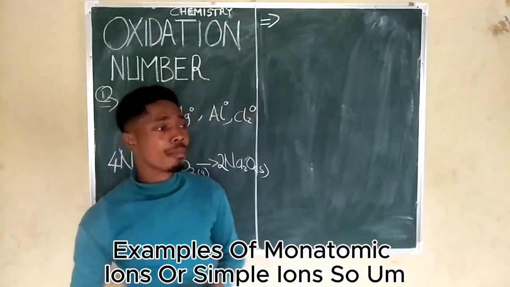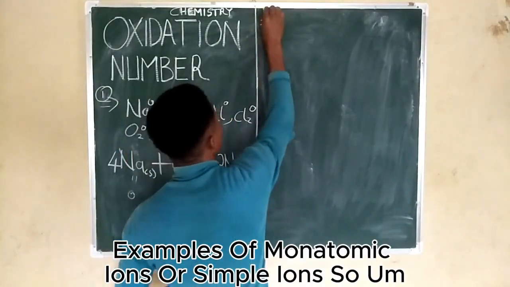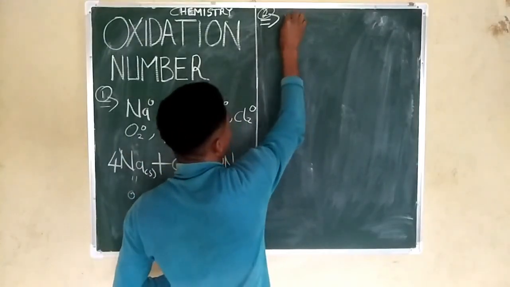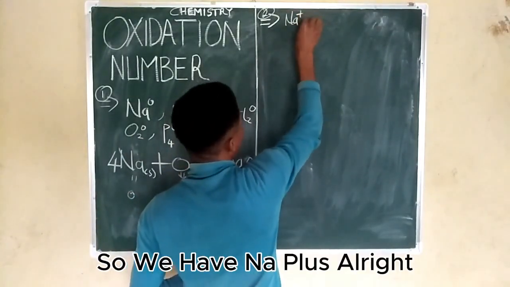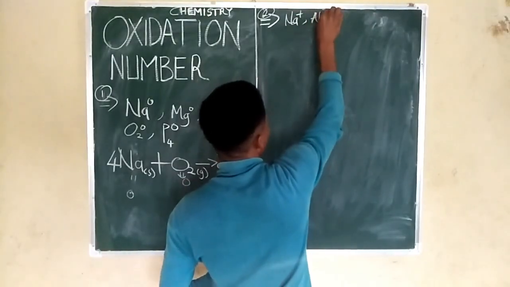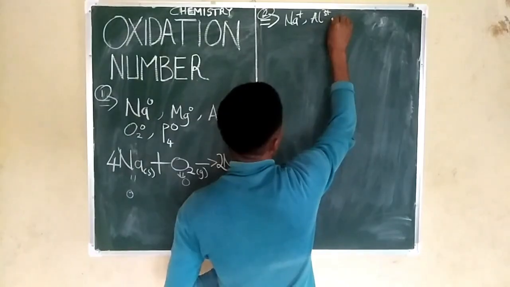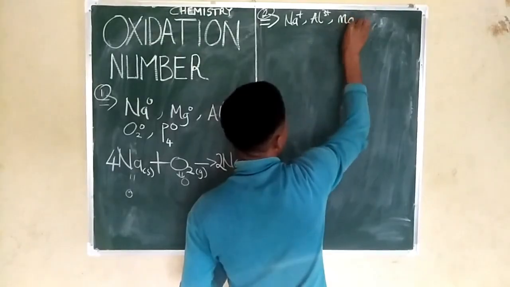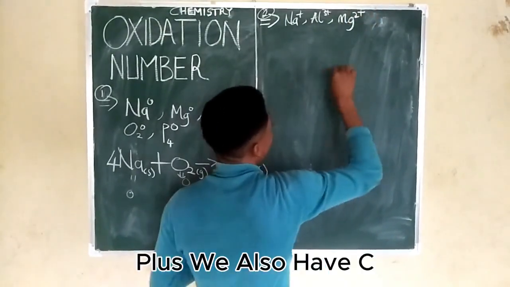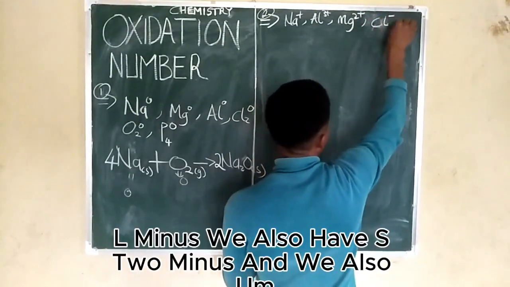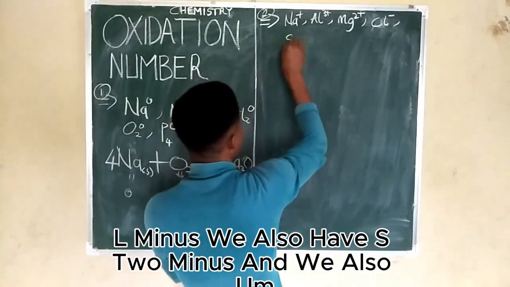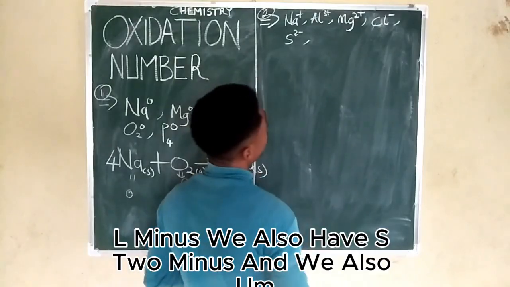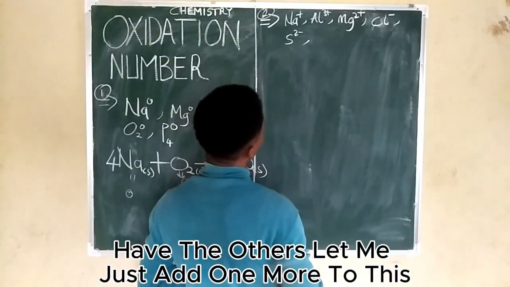Examples of monoatomic ions or simple ions. In rule number 2, we have Na+, we have Al3+, we have other ions, Mg2+, we also have Cl-, we also have S2-, and we also have the others.